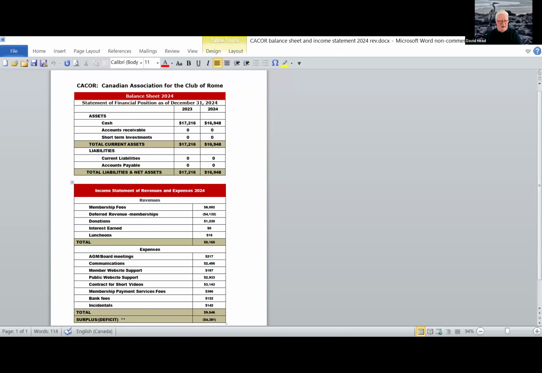It was in your package. That's Bill Pugsley, Art Hunter, Isaac Godin, and Tim Eaton, who looked at the accounts that I had and agreed that they reasonably represented what Cacor has in its assets and liabilities.